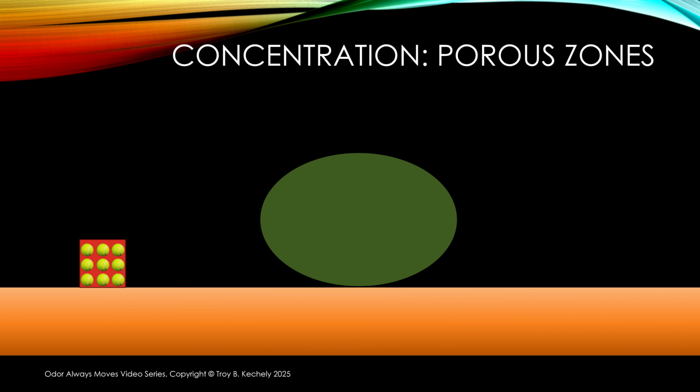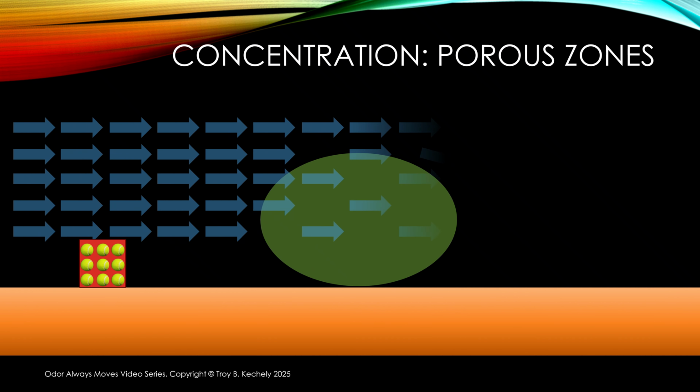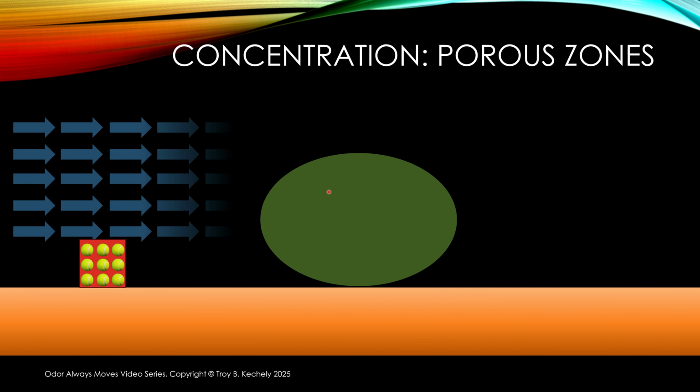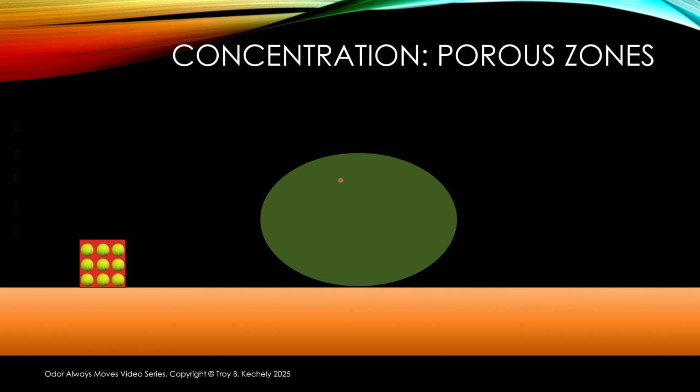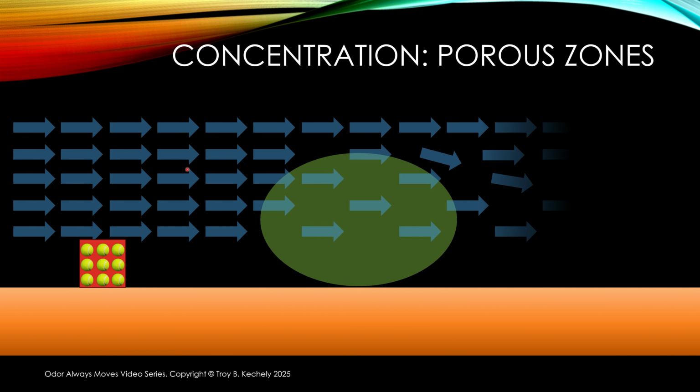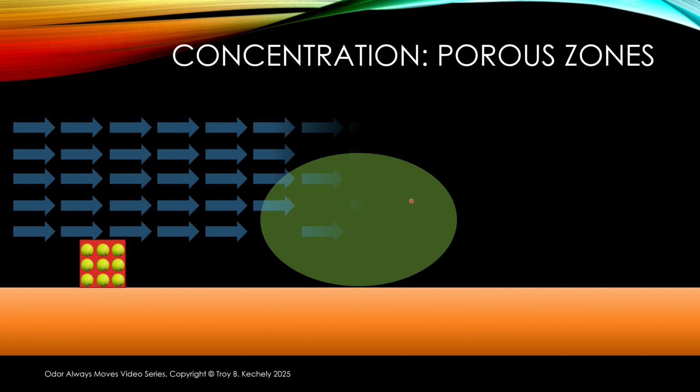Now, porous zones. This is one we haven't talked about before, and it's very important because we live in a world full of porous zones, specifically like vegetation. What occurs in a porous zone is that the airflow will be coming along and it hits and slows down, and all of a sudden the amount of air that was moving along reduces.